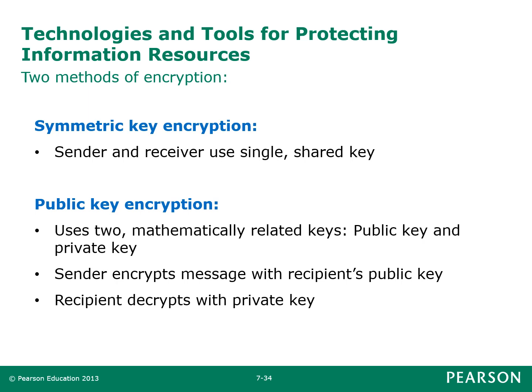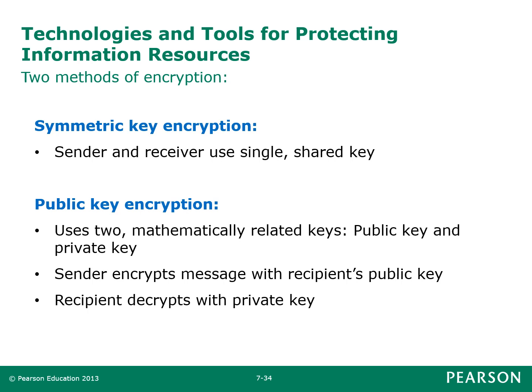The receiver can then decode the incoming messages by using the same key. The problem here is that the key can be captured by hackers and used to decode the messages.